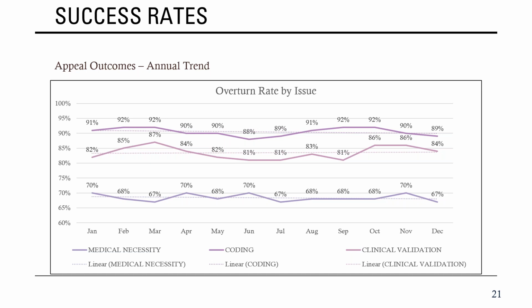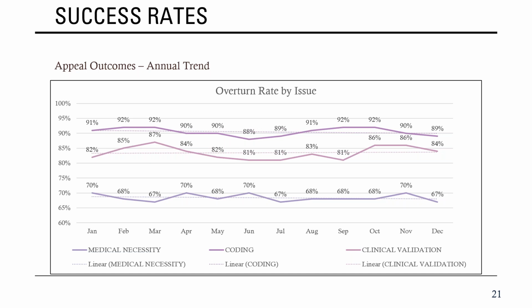Okay, so if we look at our overturn rate by these three issues, this honestly can be fairly typical of overturn rates. Medical necessity is a lot of times the one that we see the least success with. Coding and clinical validation, we usually see a little bit higher overturn rate. If we look at our trend lines between these three, they're all staying pretty even throughout the year.